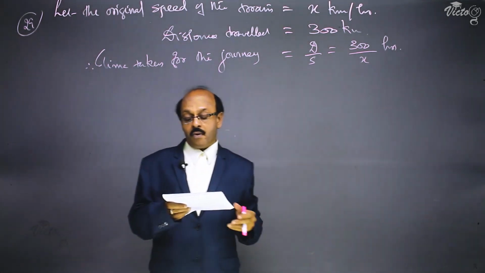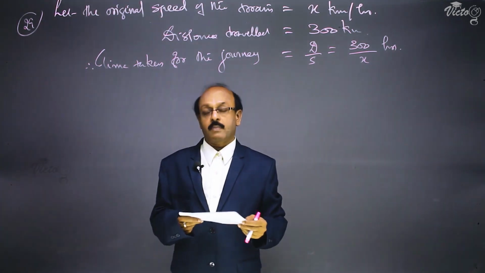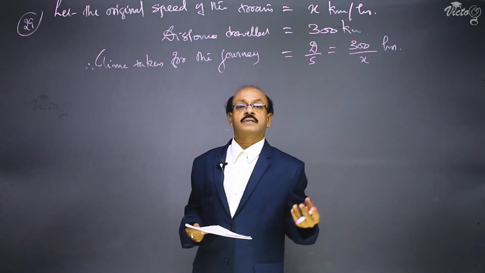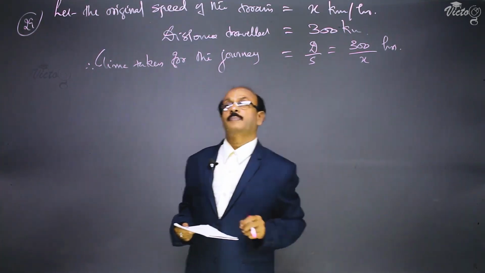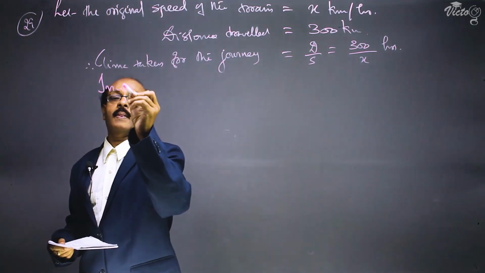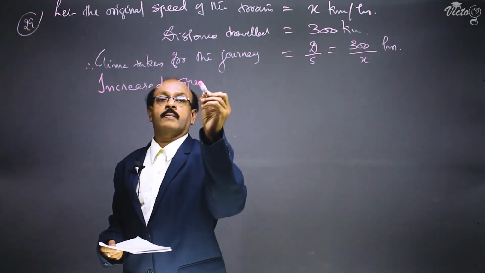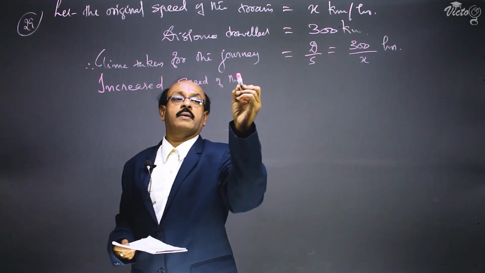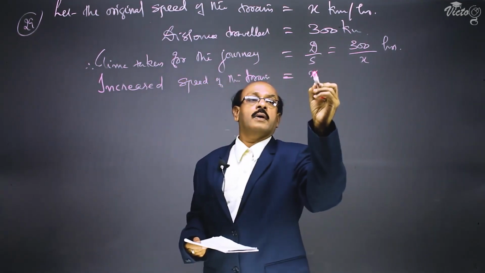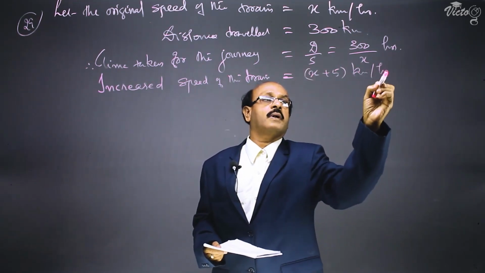Now, it is given that the speed of the train is increased by 5 kilometers per hour. So, the increased speed of the train is equal to x plus 5 kilometers per hour.